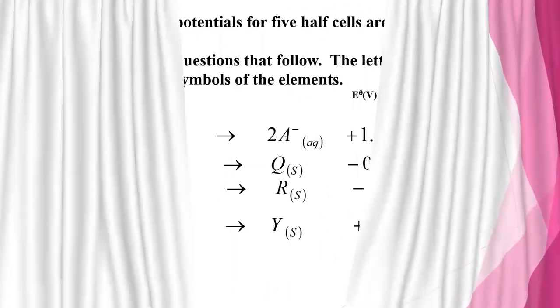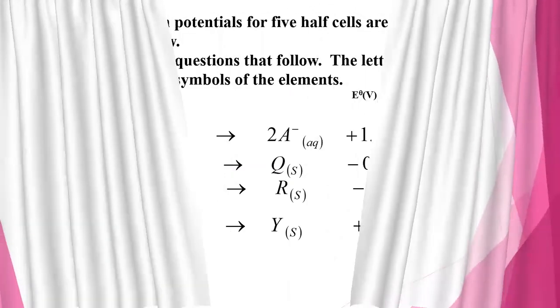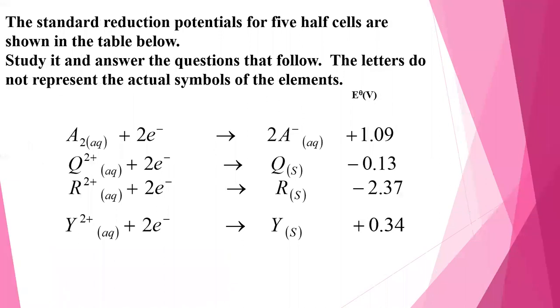So I want us to check a certain question. This question here. The question reads: the standard reduction potentials for 5 half cells are shown in the table below.